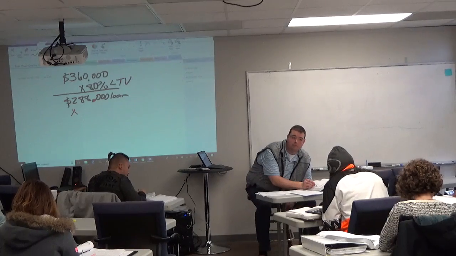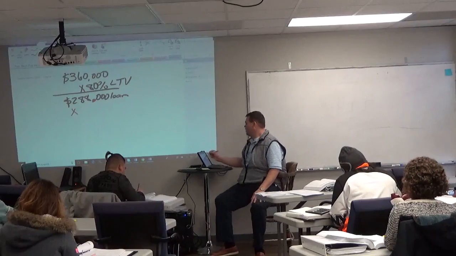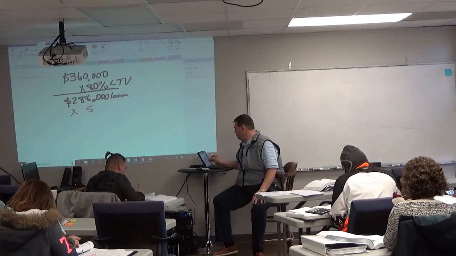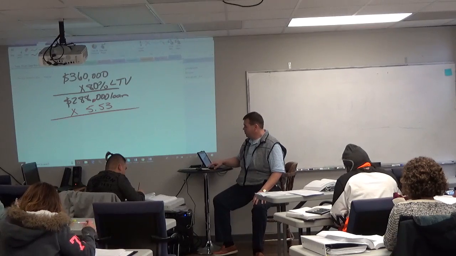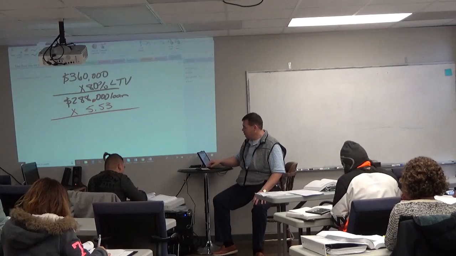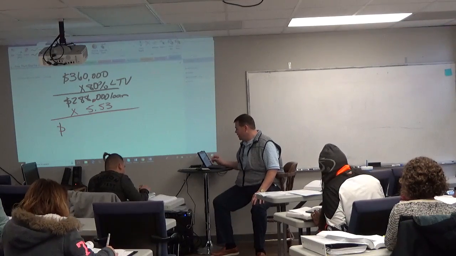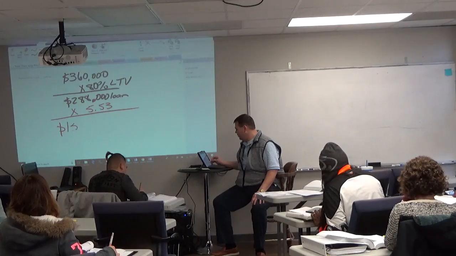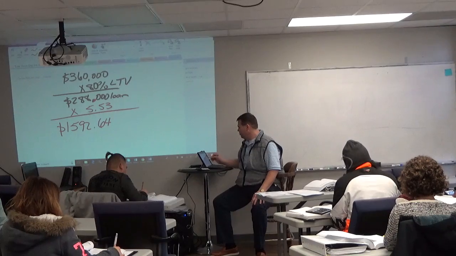Does that look right for everybody? $5.53. So 288 times $5.53 equals, I come up with a monthly PI payment of $1,592.64.